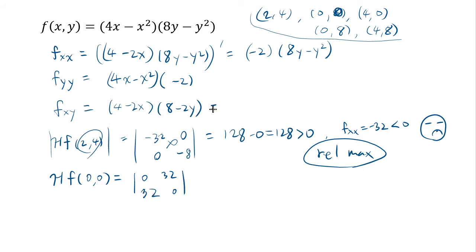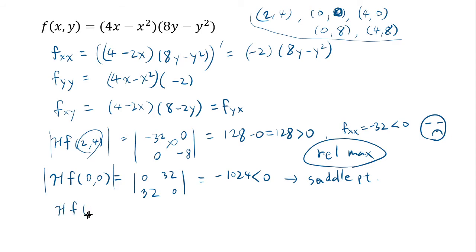Let me just clarify, this is the same thing as fyx because the second partials commute. And then in that case, it'll be negative 1024, which is less than 0. If the Hessian's determinant is less than 0, we know that it's going to be a saddle point. So we found out that (0, 0) is a saddle point.